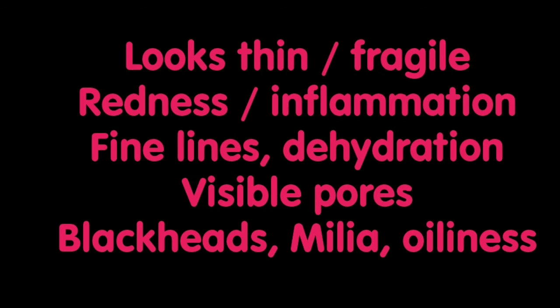They can also have blackheads, and depending on the severity of the sensitivity, they can have some whiteheads as well. They can sometimes have a bit of oiliness as well, but it is not like your combination or oily skin type. So those are your 5 different skin types, the most common skin types there are.